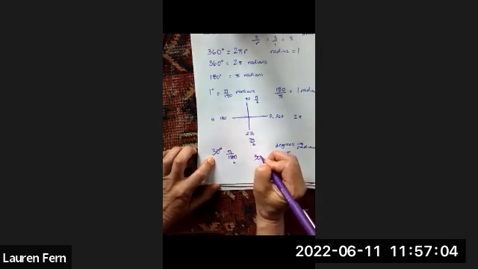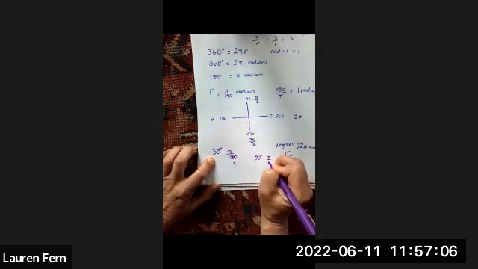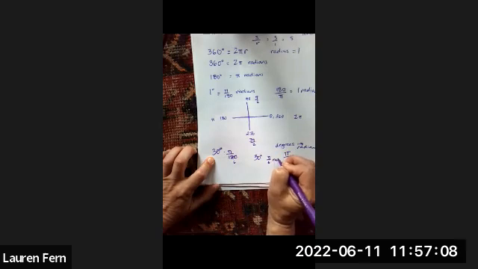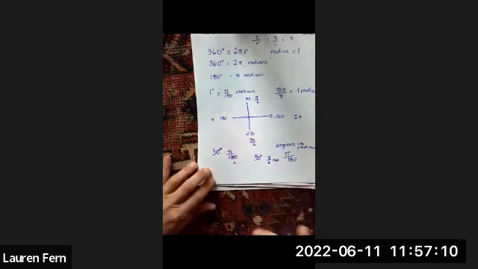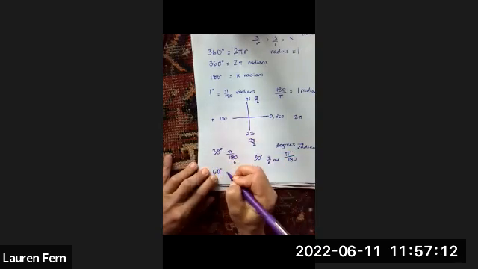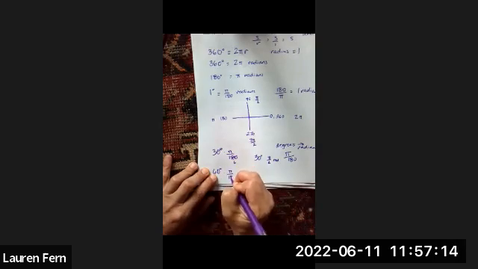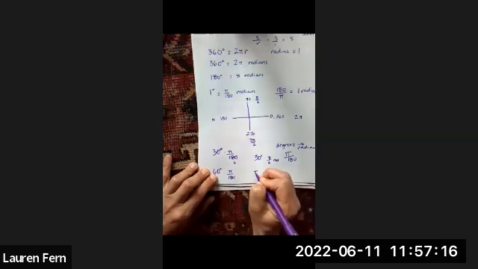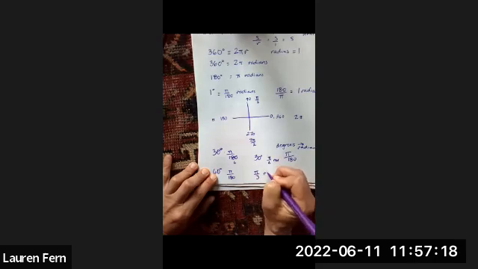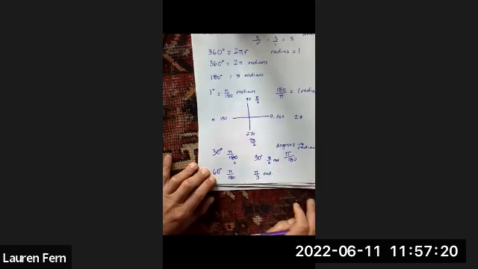So we say that 30 degrees is the same as pi over 6 radians. 60 degrees, well, multiply that by pi over 180, and you're going to see that that's pi over 3 radians.